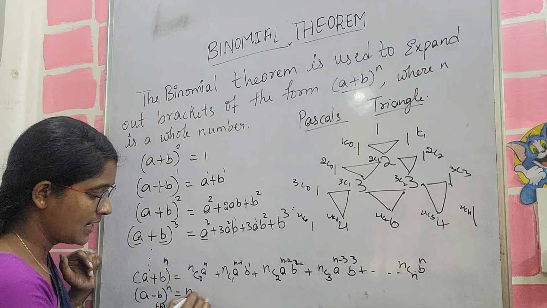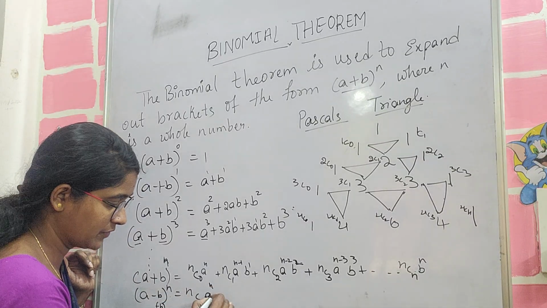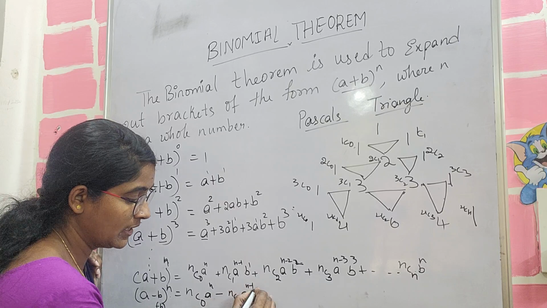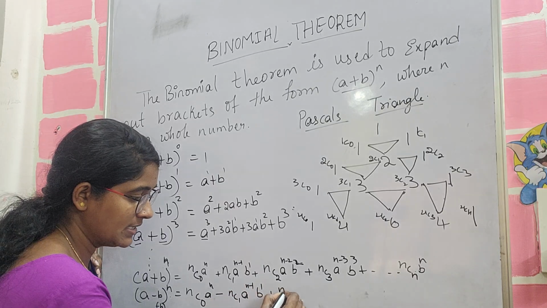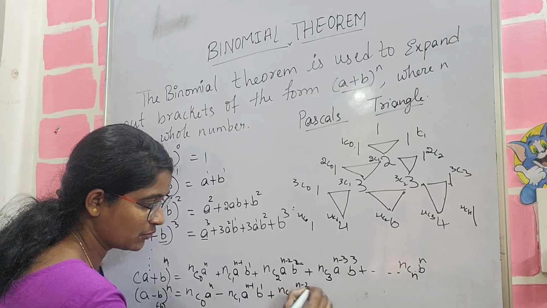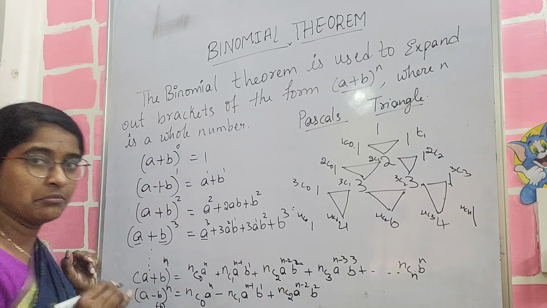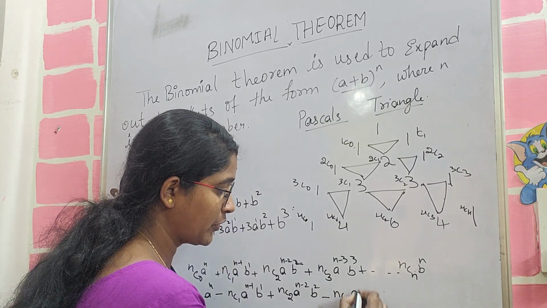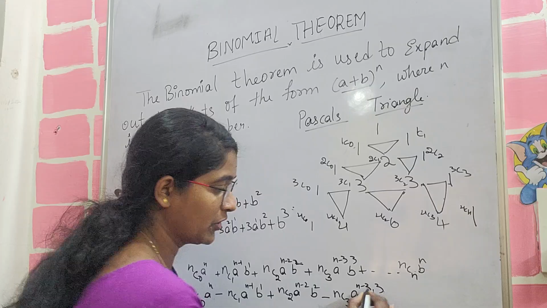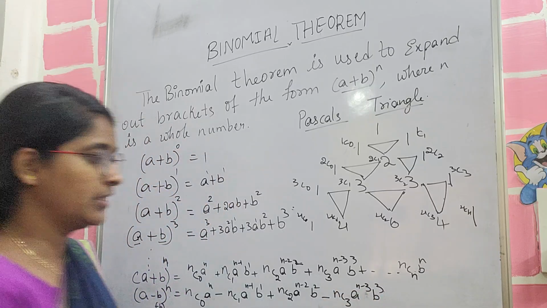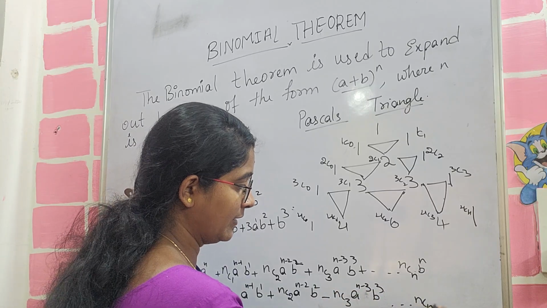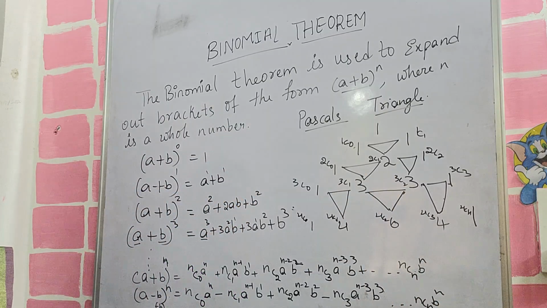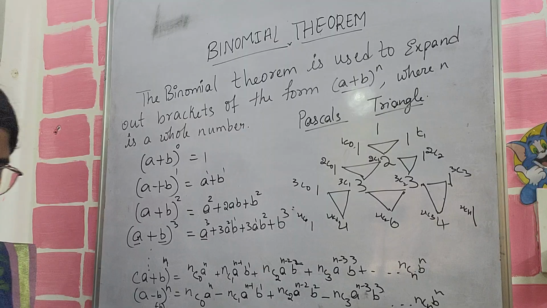So I can write it as nc0, a power of n as the first term, second term is a negative, nc1, a power of n minus 1 and b power of 1, plus nc2, a power of n minus 2 and b power of 2. This is because it's a square, it is a positive. Then next minus nc3, a power of n minus 3 and b power of 3, because it's an odd term, you are getting a negative over here. So on, ncn, b power of n. So this is the pattern or standard form of the binomial theorem.